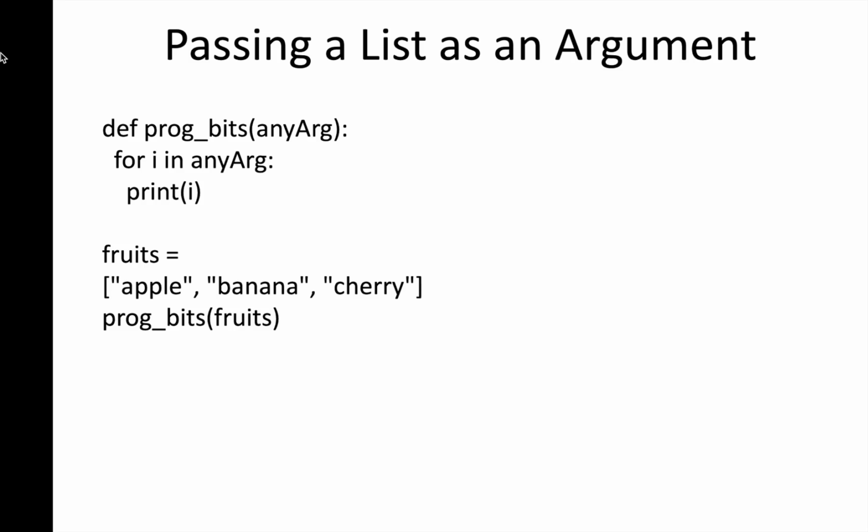So any arg is a list, and we are printing the values inside the list one by one. We have a list called fruits, with the elements apple, banana, and cherry. We are calling the function prog_bits and passing the fruits list. Once we pass it, it will display apple, banana, and cherry.